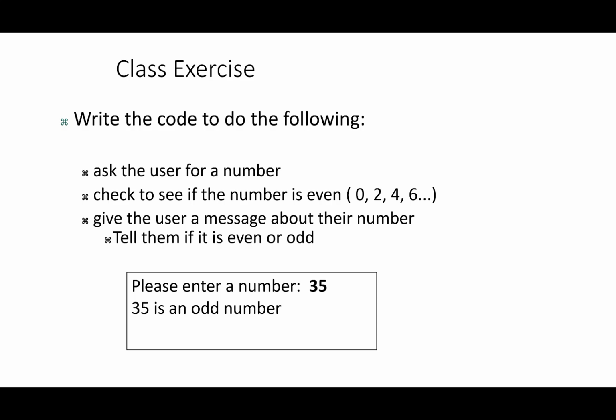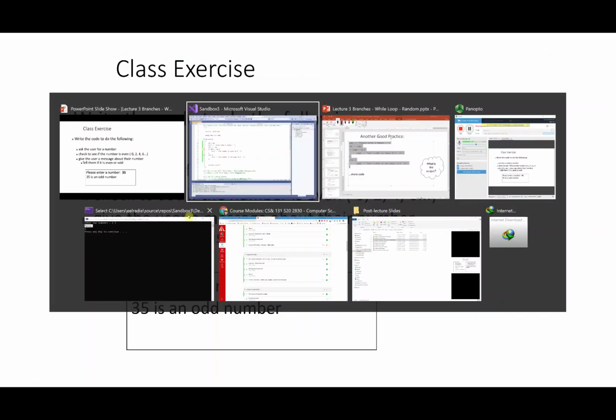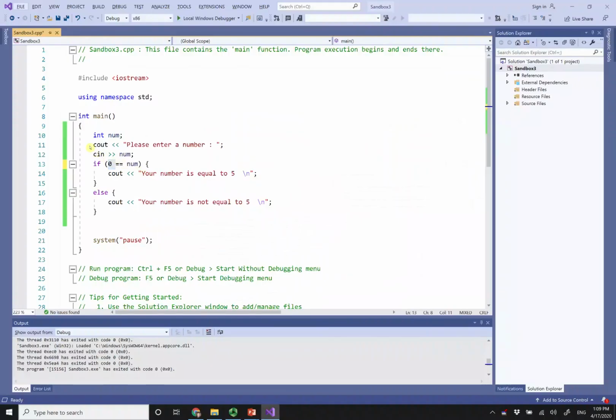Okay, assuming you paused the video and worked on it, now I'm going to work on it to show you how it's actually done. So let me go here, and we said, please enter a number. Okay, pretty much everything is ready for me.